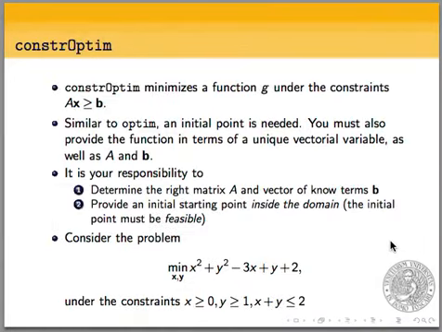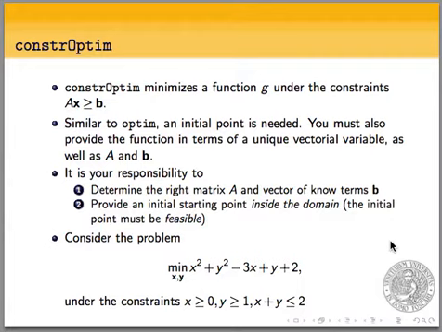So once you have done that, you can use constrOptim. This is the command used by R to minimize a function g under linear constraint Ax bigger or equal than b. constrOptim is very similar to Optim, so you need an initial point. Of course, you need to provide one function.